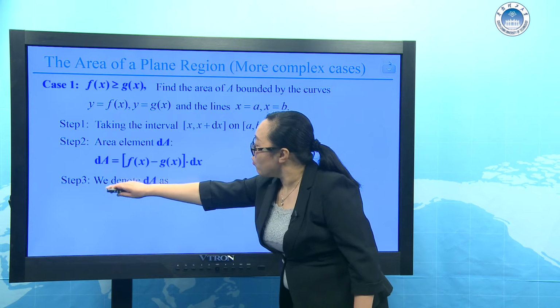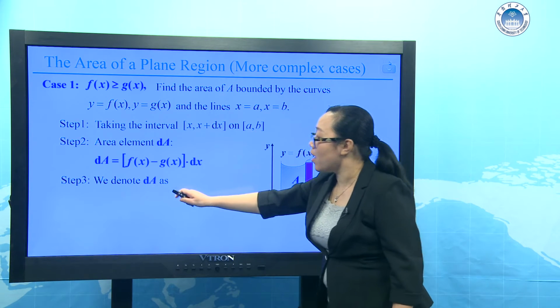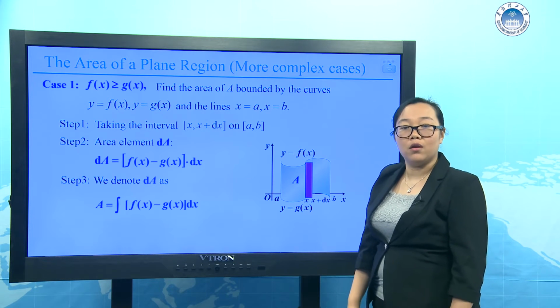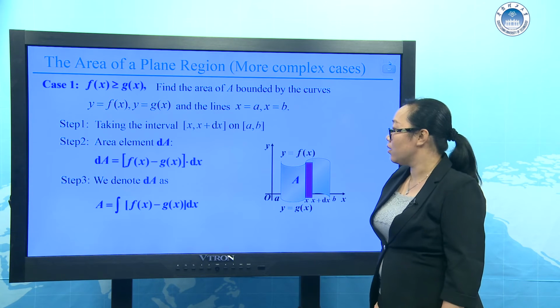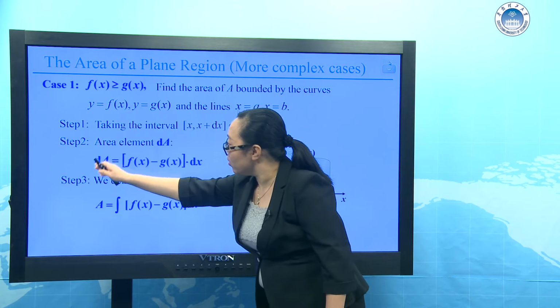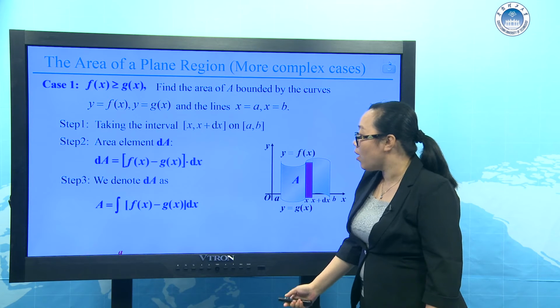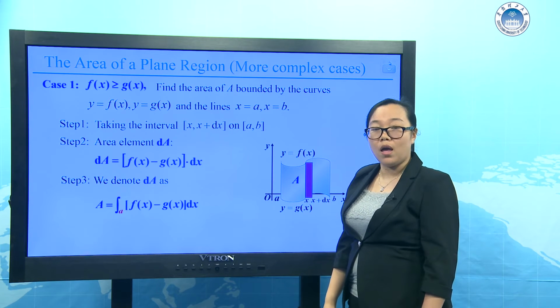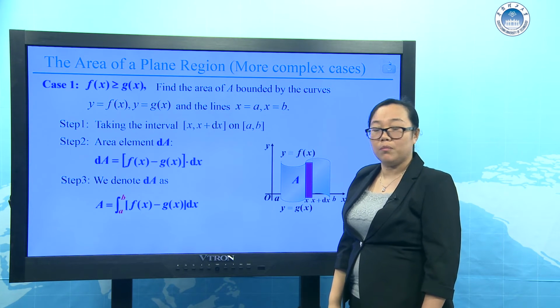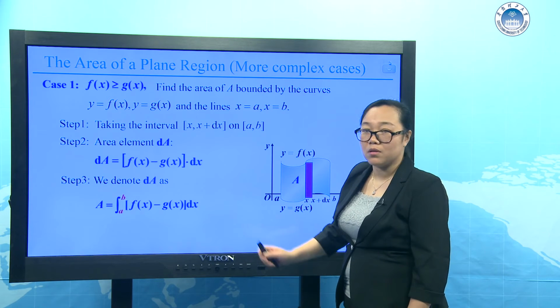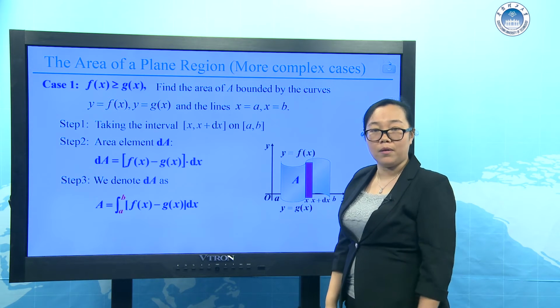Step 3, we integrate dA to get our final area. So do the definite integral, integrating the same term from the given variable a to b. Pay attention to the 3 steps, and try to understand, okay?